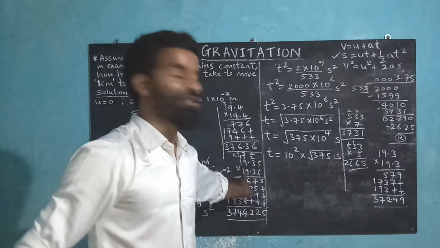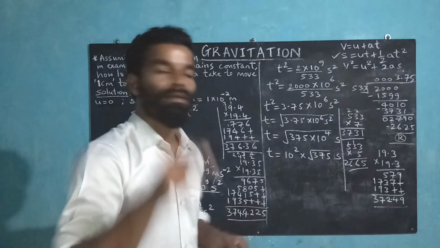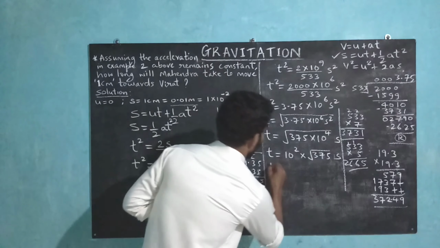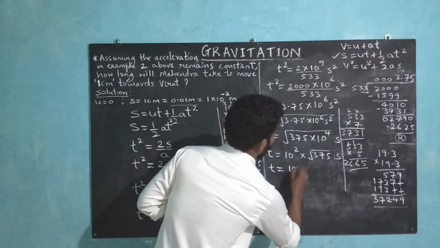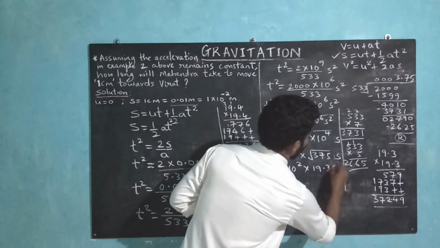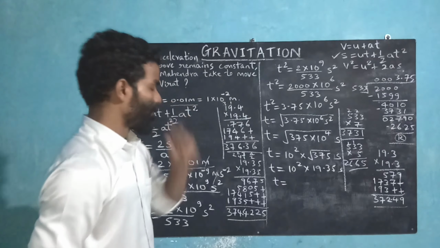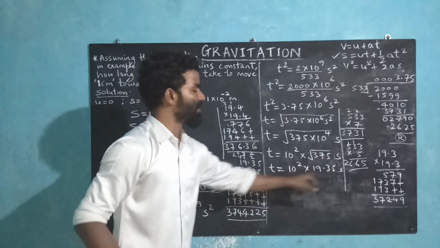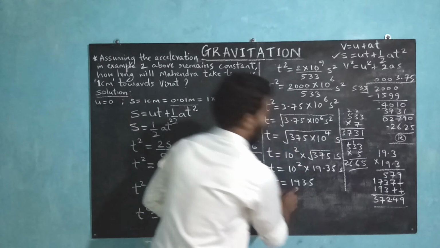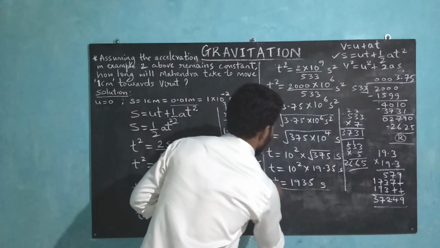So you can take this value because 19.35 square is approximately 375. So t equals 10 square into 19.35 seconds. So t is equal to, you can multiply this 100 with this, so it will become 1935. So 1935 seconds. Now this is the answer in seconds.